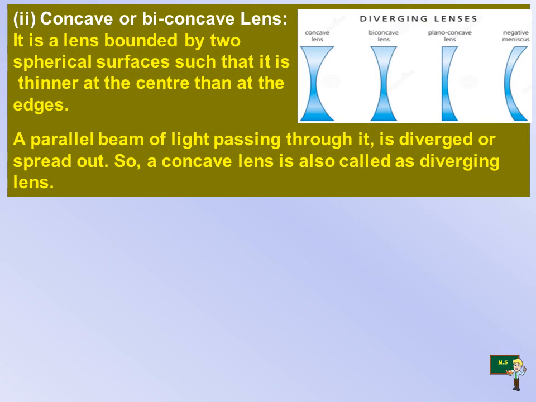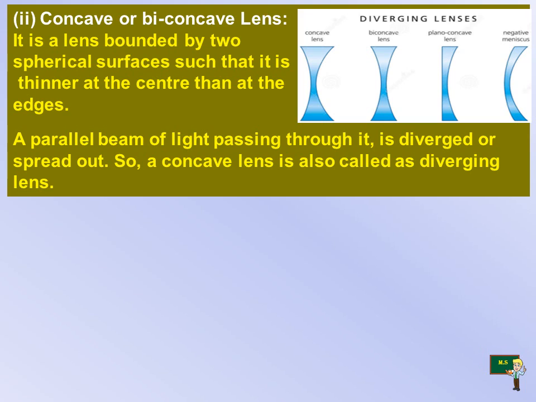Now let's see the facts about the concave or biconcave lens. It is a lens bounded by two spherical surfaces such that it is thinner at the center than at the edges. Actually, it is absolutely reversed compared with the convex lens, because in a convex lens it is thicker at the center and thinner at the edges.